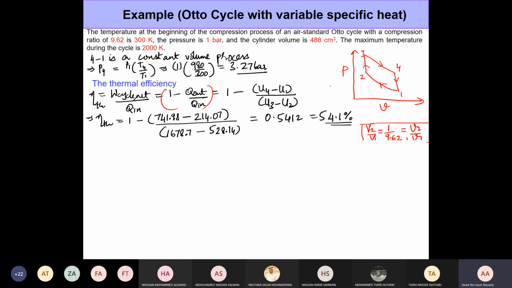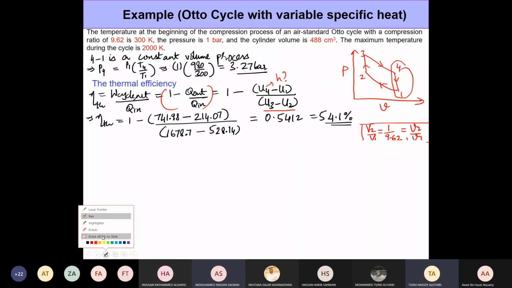Now again here, when you apply the energy balance to this process 4 to 1, you're going to get Q out as U4 minus U1 and Qn as U3 minus U2. Now, why is this internal energy? Why not enthalpy here? Why are we getting internal energy from the energy balance?